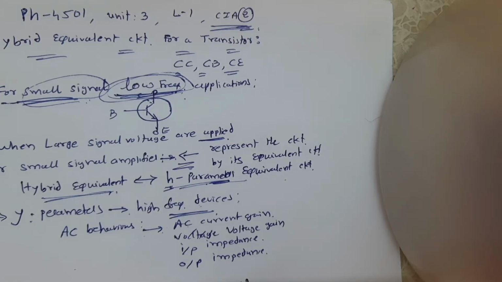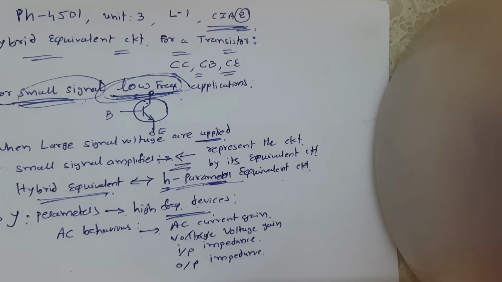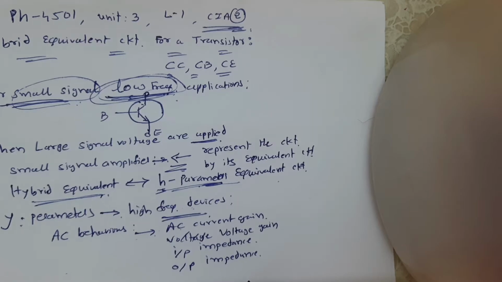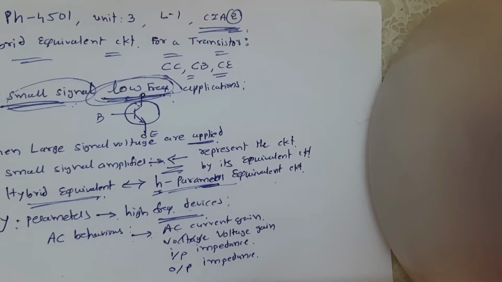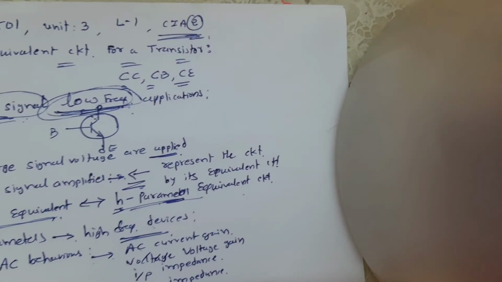So I repeat, AC behavior means AC current gain, voltage gain, input impedance and output impedance of an amplifier.